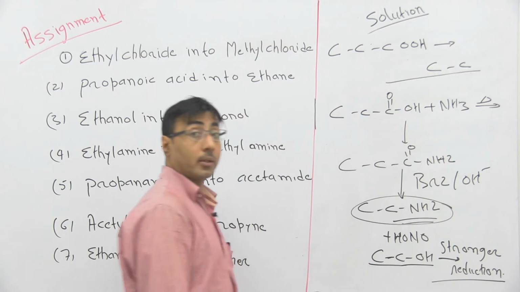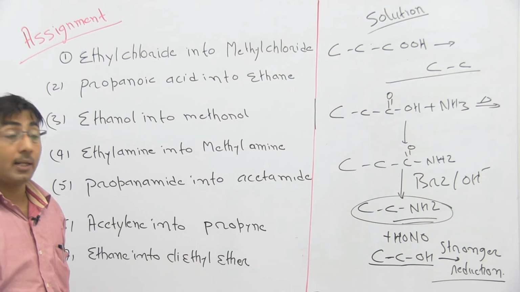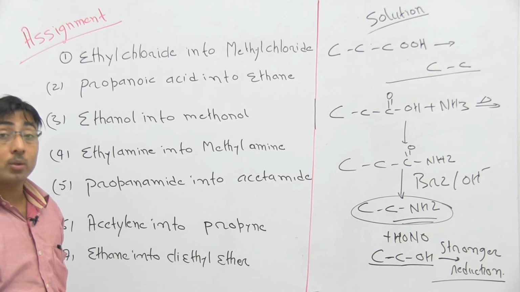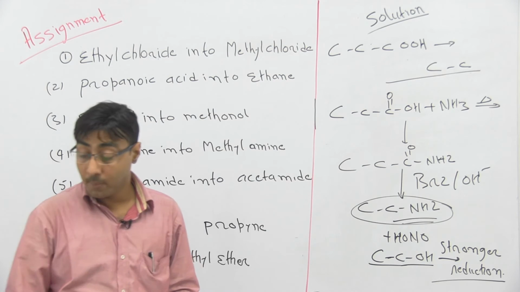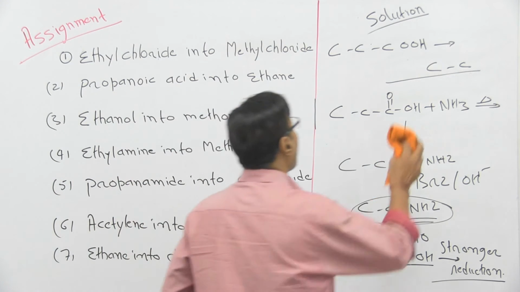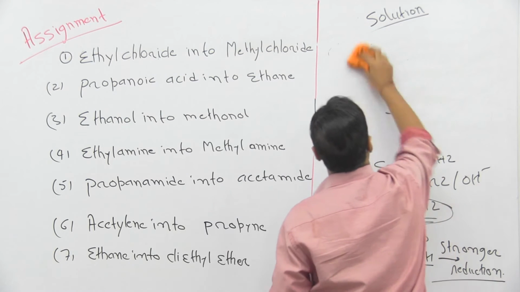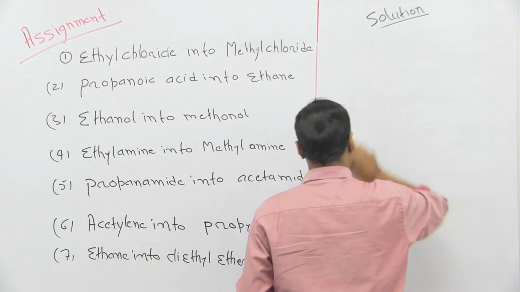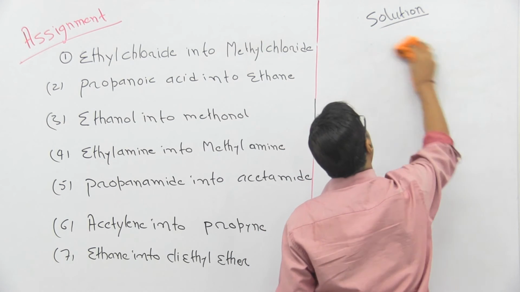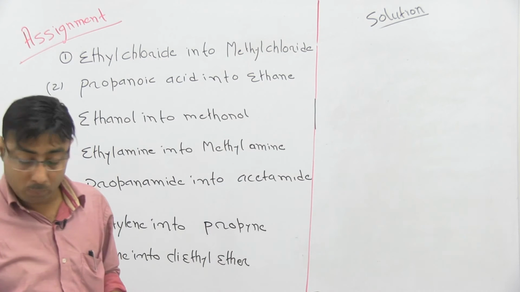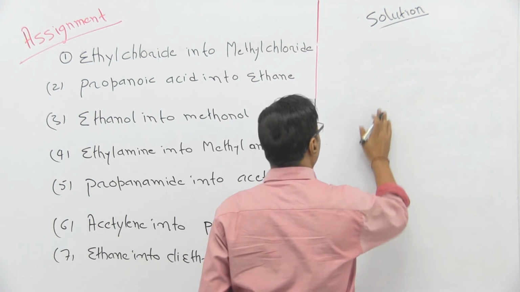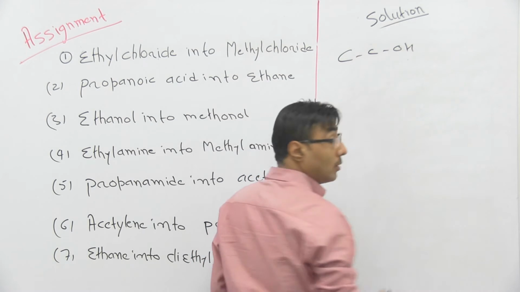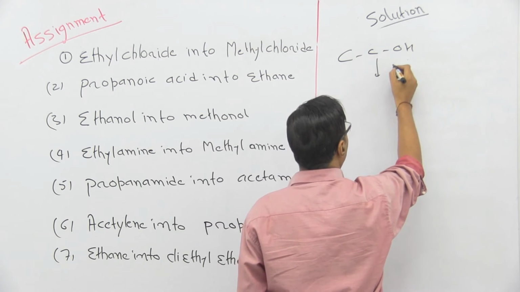In the chapter of alcohol, aldehyde and ketone, we have to learn the specific reagent which can bring this compound into C single bond C. Or it can be prepared in the next method like this: CCOH, and we went for dehydration with conc.